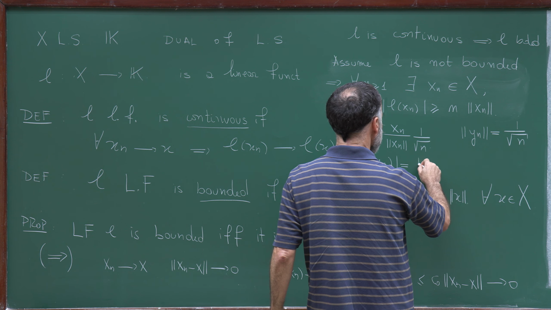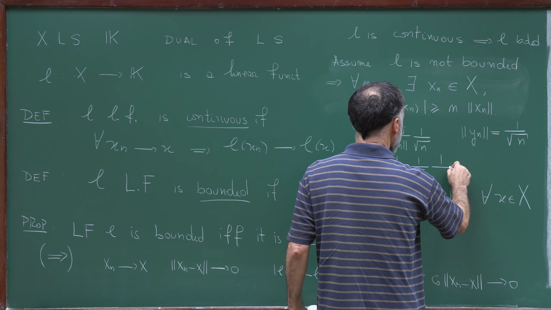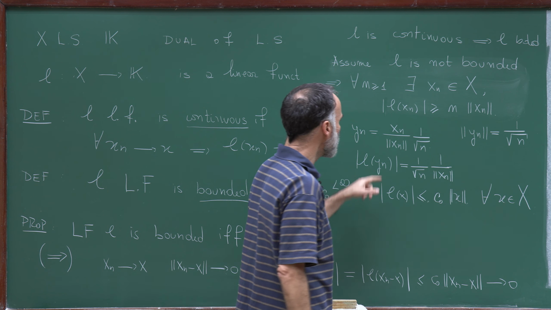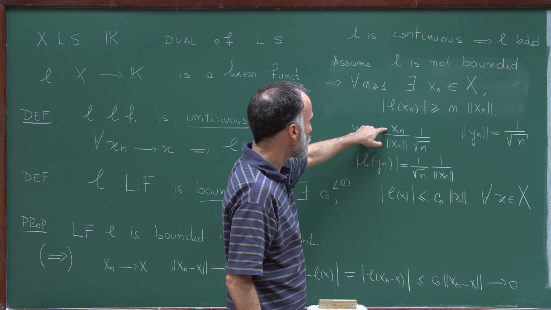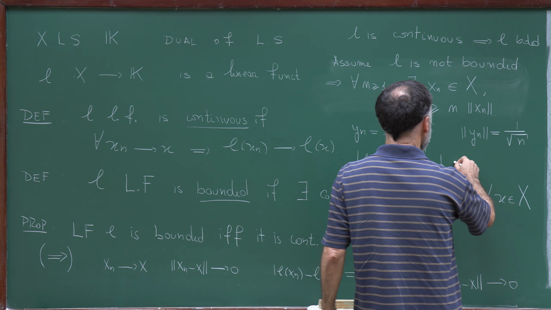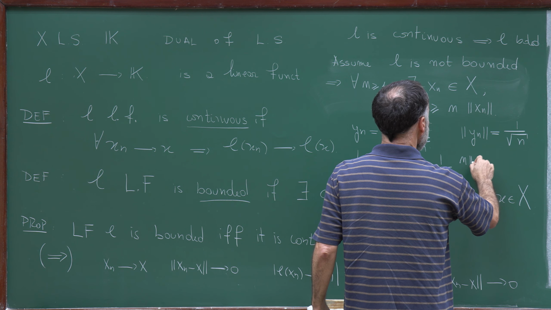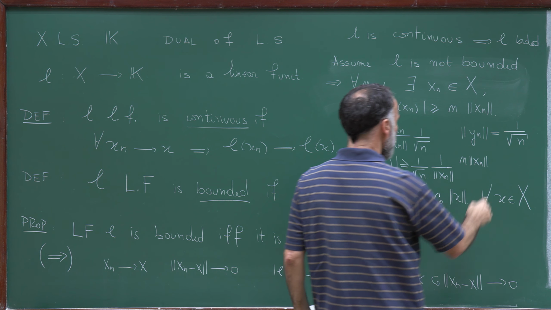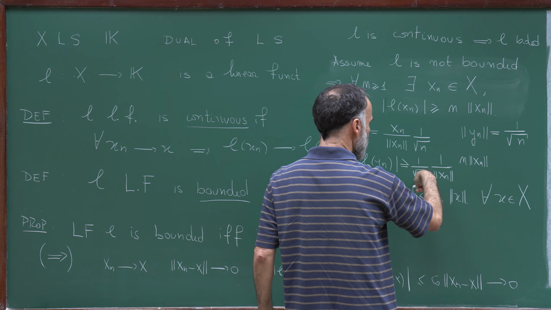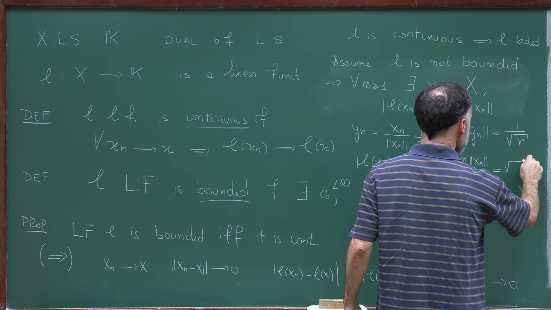So I have 1 over the square root of n, which goes away, the norm of xn, which goes away, and then L of xn, but L of xn in absolute value is bounded below by n times the norm of xn. So the norm of xn cancels with the norm of xn, n cancels with the square root of n, and this is equal to the square root of n.